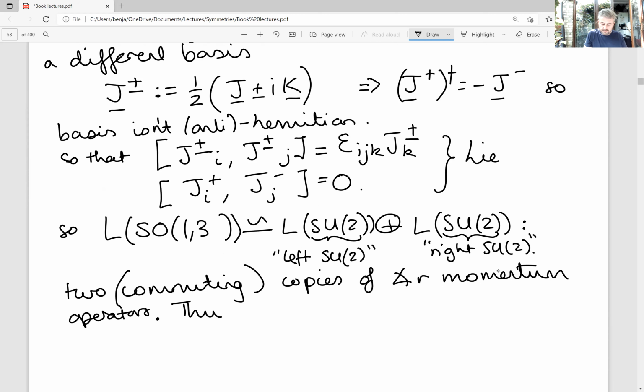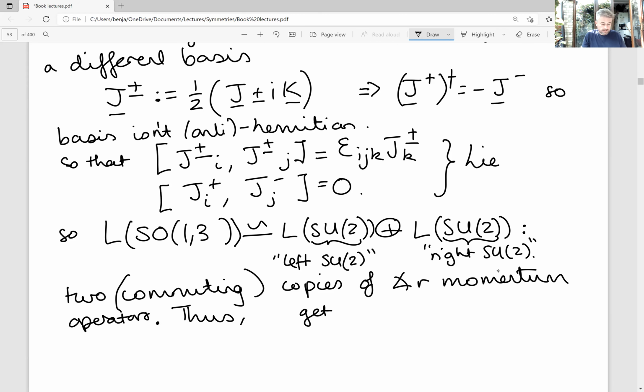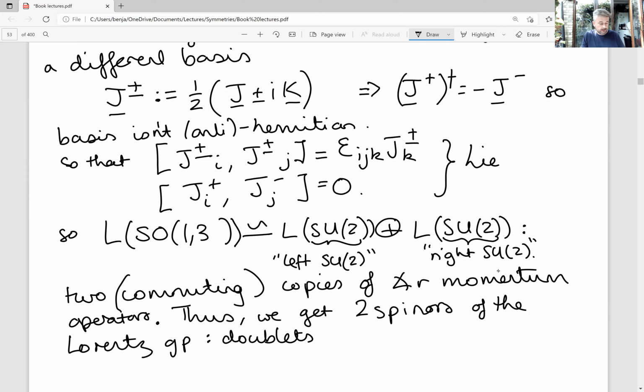So we get two spinors of the Lorentz group, and they're doublets of the left SU(2) or of the right one. And indeed, you'll hear people referring to them as left-handed and right-handed spinors.